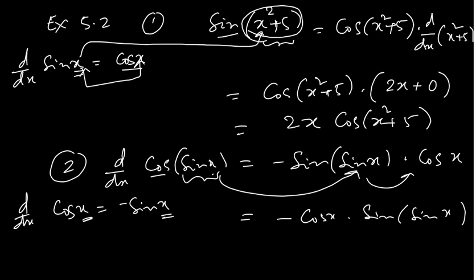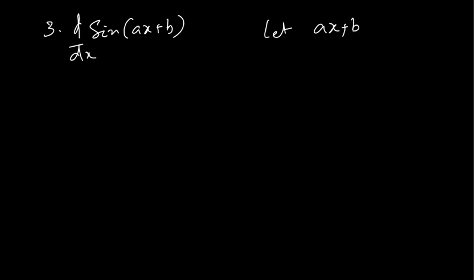Third question. Question number 3. Sin of ax plus b. If you want, I can try a different method here. See whether this new method will help you. So let ax plus b, whatever you have here, be equal to t.